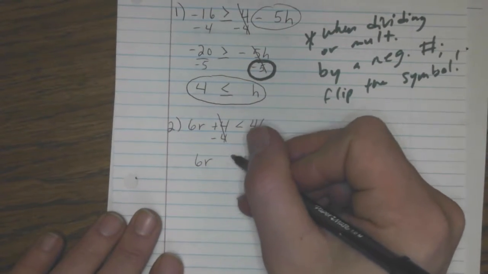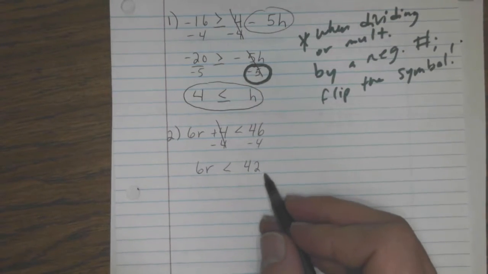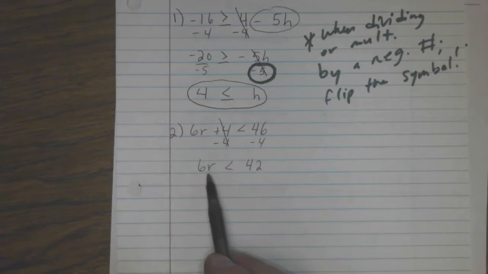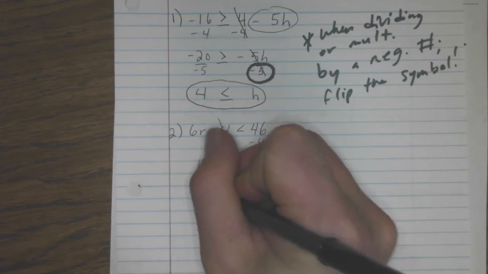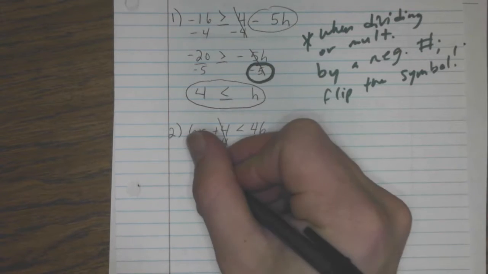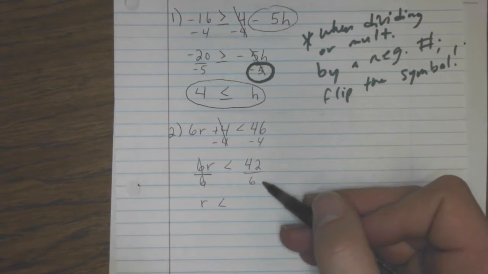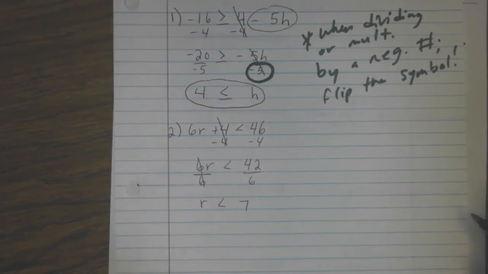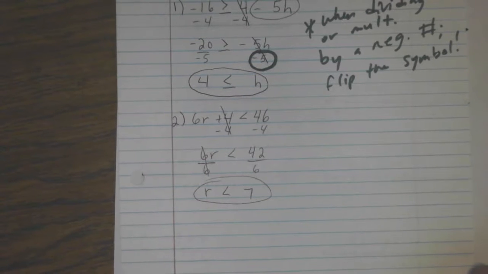And I'll carry down my inequality symbol as well. So 6r is less than 42 is what I have so far. Now, the r is being multiplied by 6, so I want to do the opposite operation. So I'm going to divide by 6. So I get r on one side is less than 42 divided by 6, which is positive 7. So that's my answer. r is less than 7.